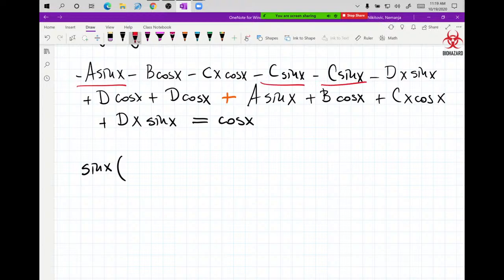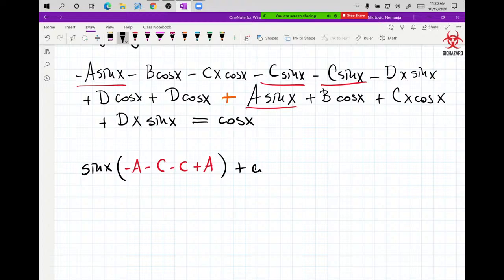I'm just looking for vanilla sines. This one, this is a vanilla sine. And when I say vanilla sine, meaning there is no x sine x, it's just sine x. So I have negative a, negative c, positive a. There we go.